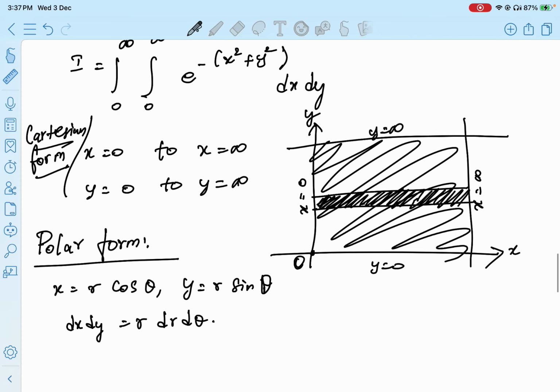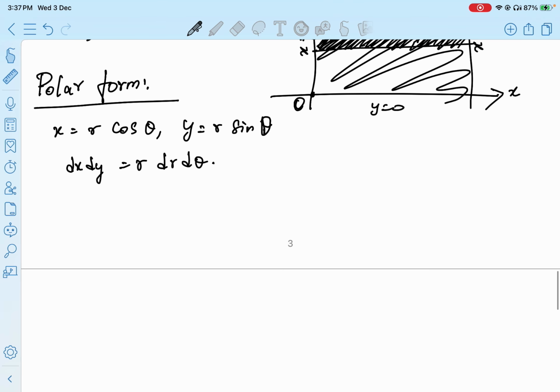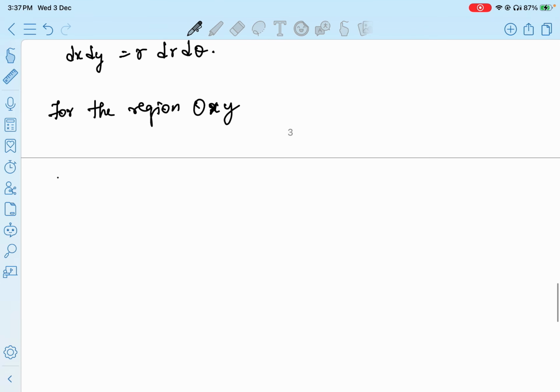For all polar coordinates we use this, and this is the origin O. For the region OXY, the joining points are OXY.